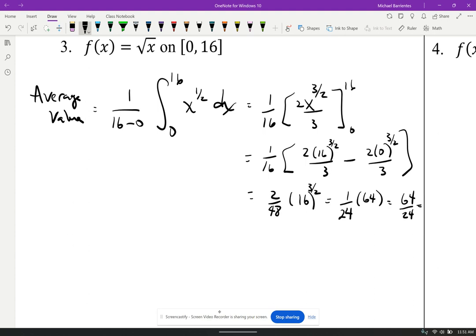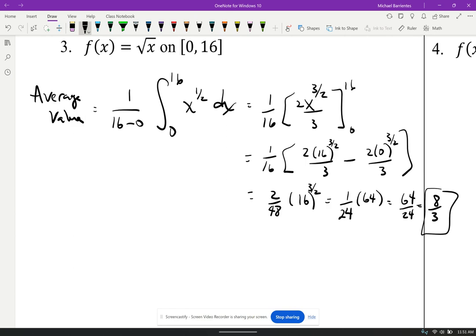But I believe I can divide by 4, and then I can divide by 2. I guess I could divide it by 8. That was kind of silly, Mr. Barrientos. Divide by 8, and I get 8/3. So in the interval between 0 and 16, the average value is 8/3.